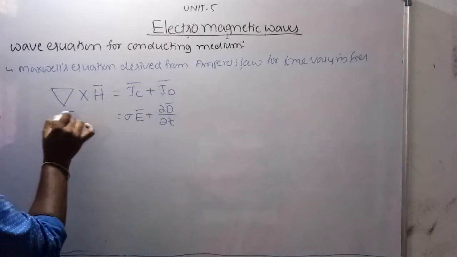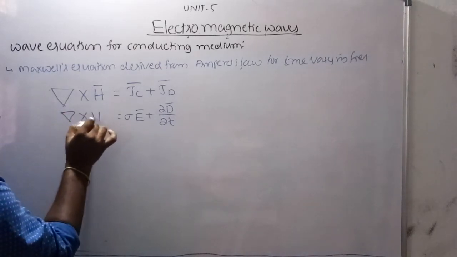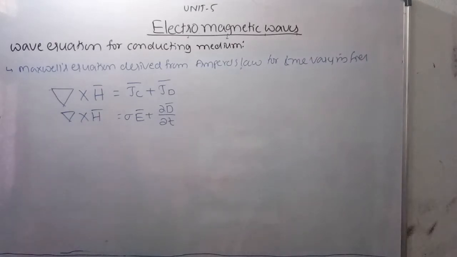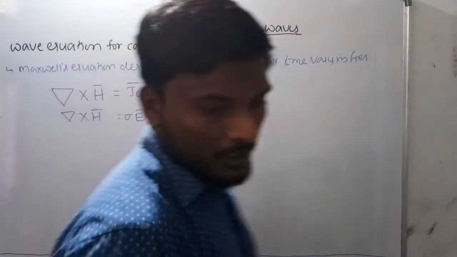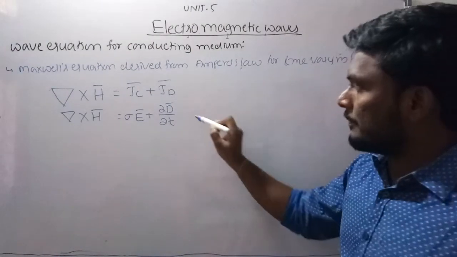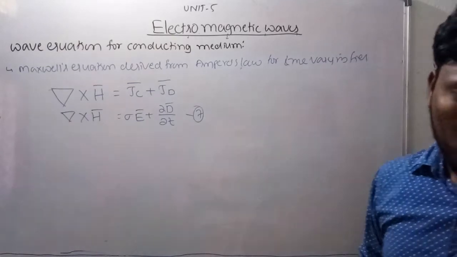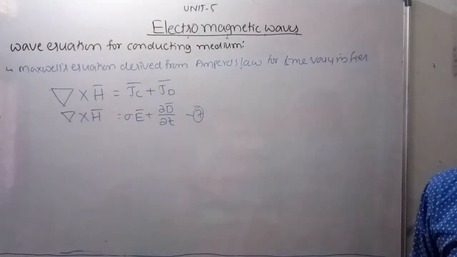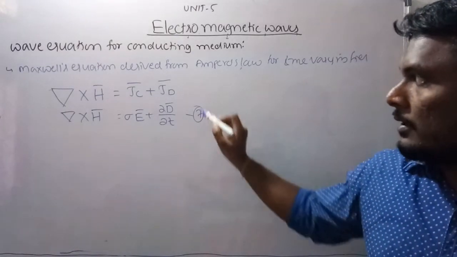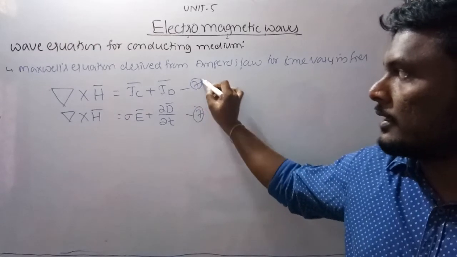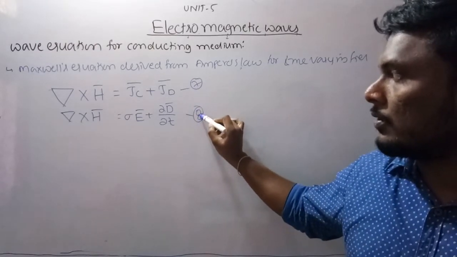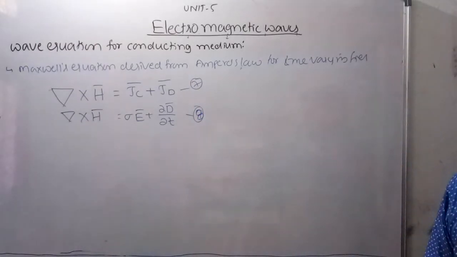So del cross H bar equals sigma times E bar plus dou D bar by dou t. It is equation number 7 and equation number 8.